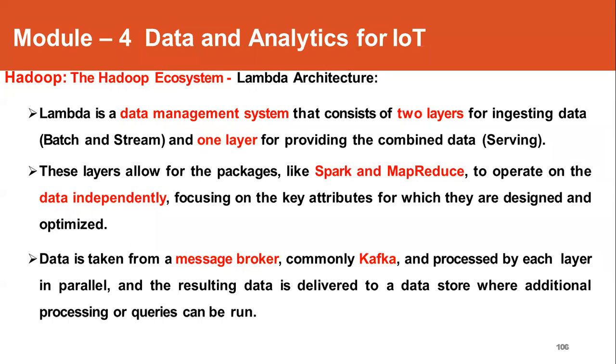Here the data is taken from a message broker, processed layer by layer in parallel, and the resulting data is delivered to the data store where additional processing and queries can be run. Again, in the Lambda architecture, the layers are added so that it can process all kinds of data, and it can also utilize all the software packages or projects of the Hadoop ecosystem.